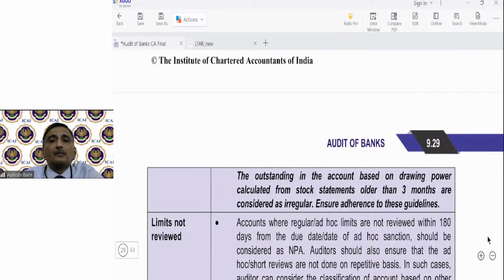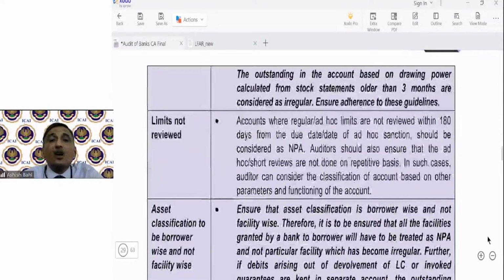And limits not renewed. Say if the limits have not been renewed, say renewal of a cash credit account was due, as I've told you, on 28th February, but it has not been done as on the balance sheet date, as on the reporting date.